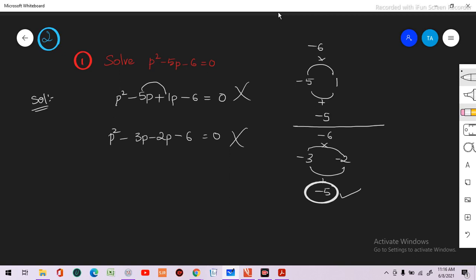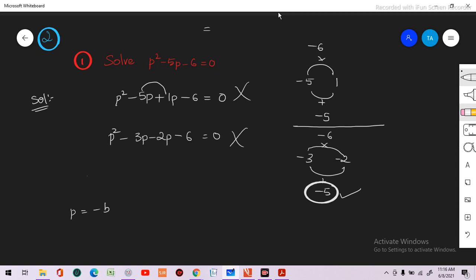Whenever you encounter this kind of problem, obviously you use the quadratic formula. We know that, no? What is that? Here we have to solve in terms of p.